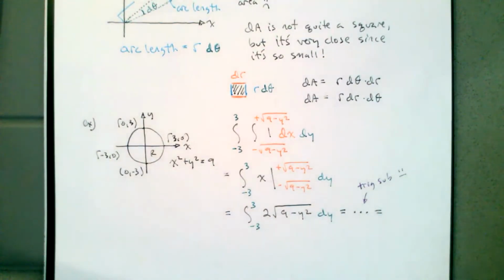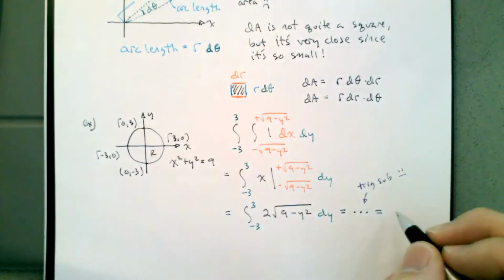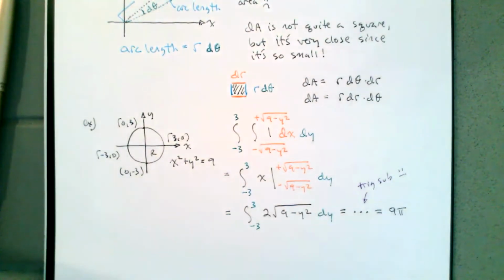But we know that the answer is going to be pi r squared, so the answer is going to end up being 9 pi. Arc signs are where the pi's are going to show up.